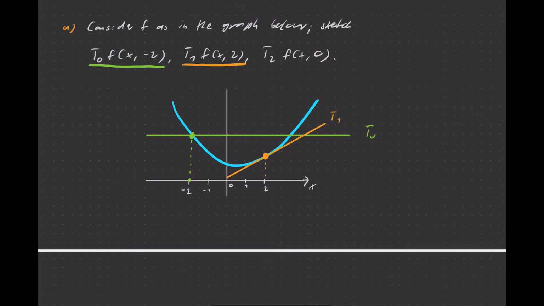And finally, let's also sketch t2. T2 is a quadratic function, a polynomial of degree 2 that locally approximates our original function, in this case at the point 0. So 0 is here. Basically, we'll get a quadratic approximation at that point. Now let's say f is not per se a quadratic function. Otherwise, of course, the Taylor polynomial would be the same as the original function.